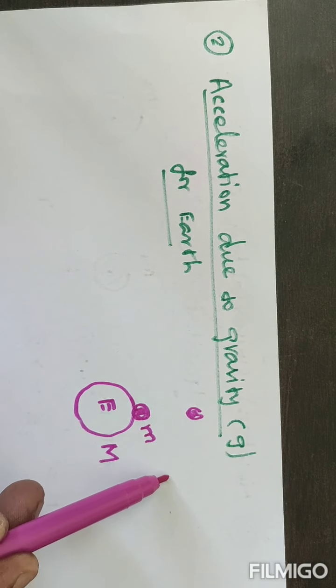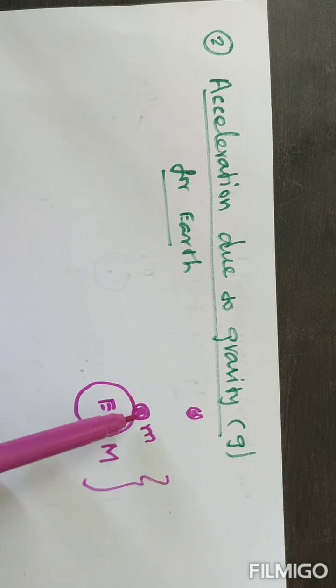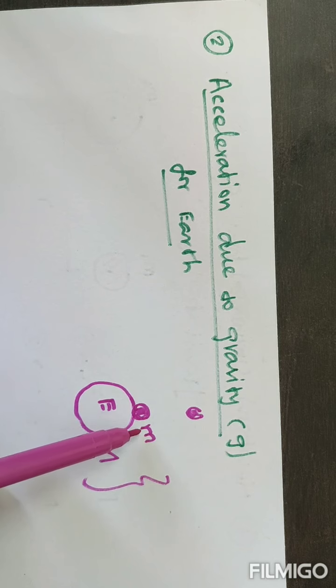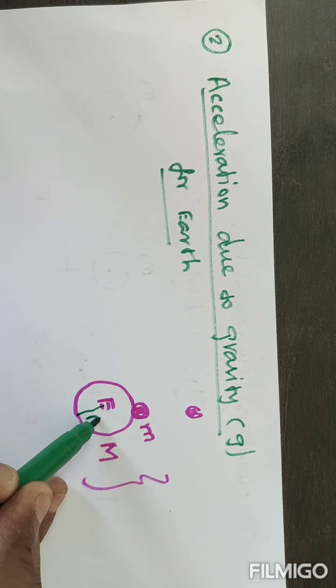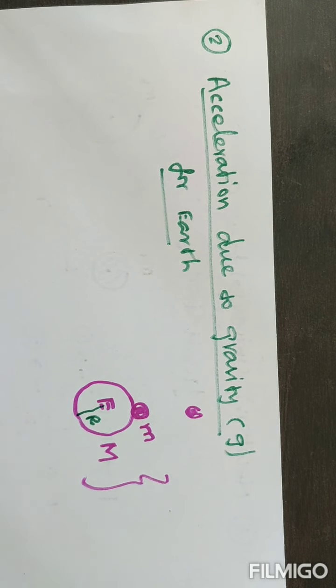Then capital M is the mass of the earth, and the earth radius is capital R. If you know the mass of the earth and the radius of the earth, it is possible to find that gravity.